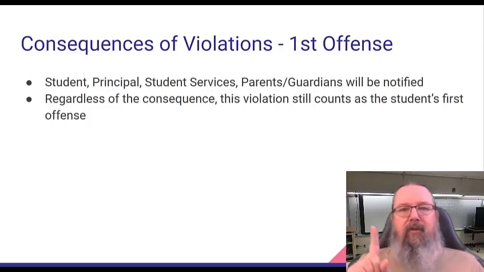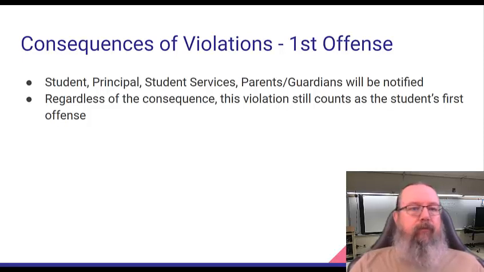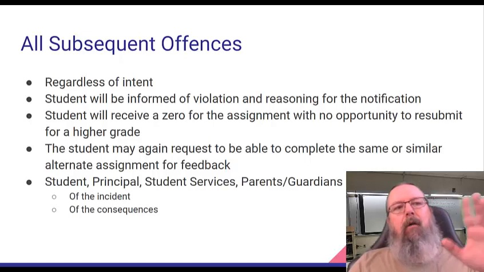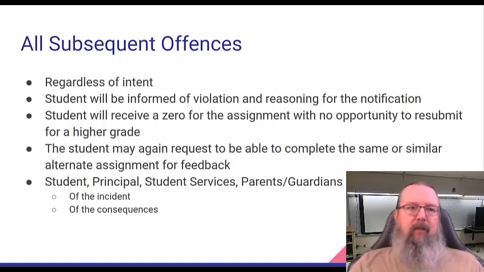It still counts as a first offense in an academic integrity violation. So what happens if it comes up again? All other subsequent offenses will happen regardless of intent. Maybe it was accidental and you accidentally deleted all of your work citations and works cited page. It doesn't matter. If it's your second offense, it's your second offense, whether it's a mistake or not.